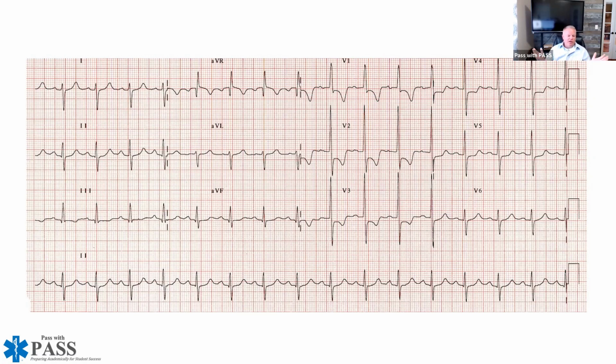If this is a 55-year-old male truck driver who pulls over in your jurisdiction and starts having severe difficulty breathing all of a sudden, and you see flipped T waves in V1 through V5, and you can figure out that this patient has a right axis deviation, truck driver, sudden onset, I'm thinking that this guy might be having a pulmonary embolus. Can we do anything for that in a pre-hospital setting? Not really, but we should at least notify that, hey, this guy's got a right axis deviation and I think it might be a pulmonary embolus.